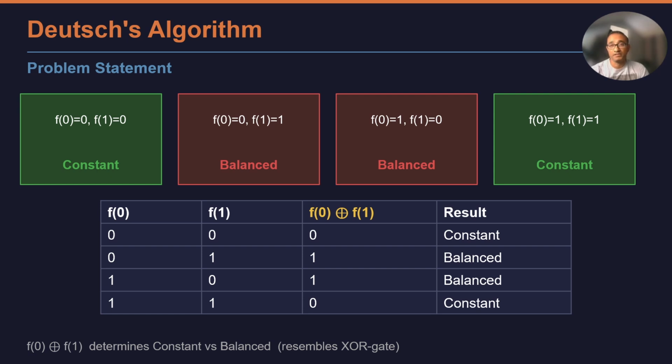We already saw the example in a binomial tree kind of structure, where to arrive at the conclusion of whether a function is constant or balanced, classically, we will have to apply two queries with four steps. That is, in a nutshell, how we can arrive at it.